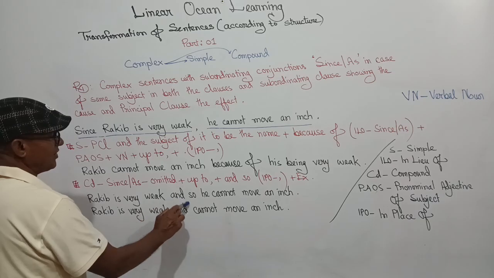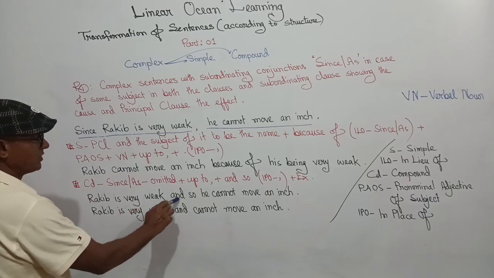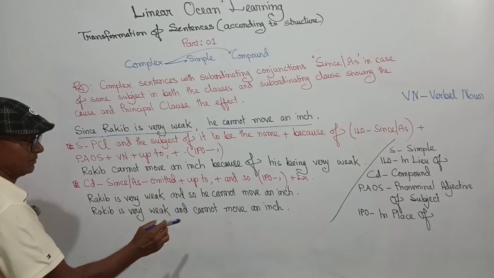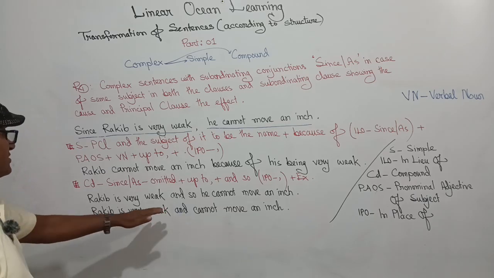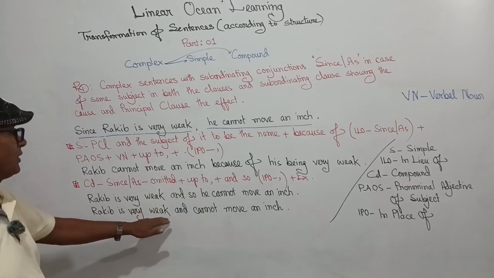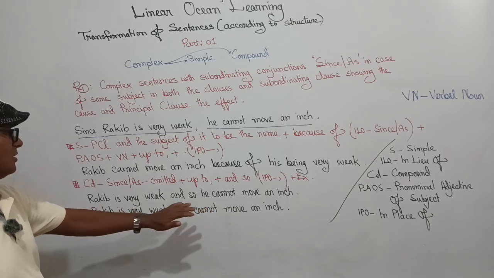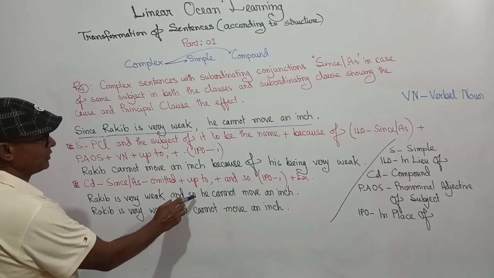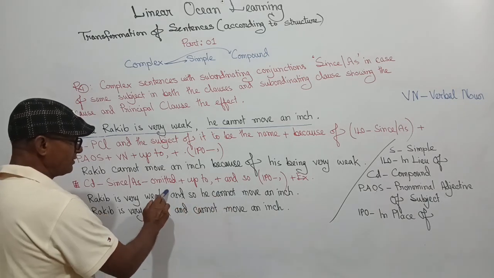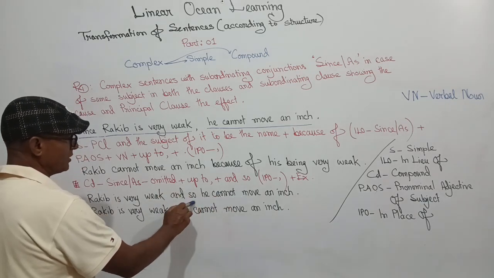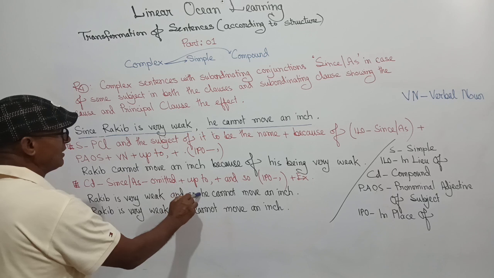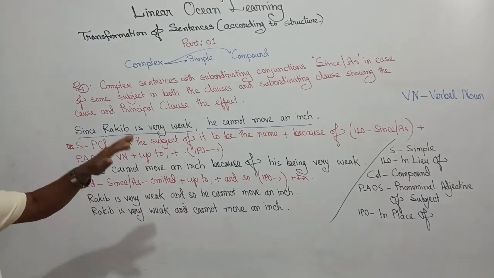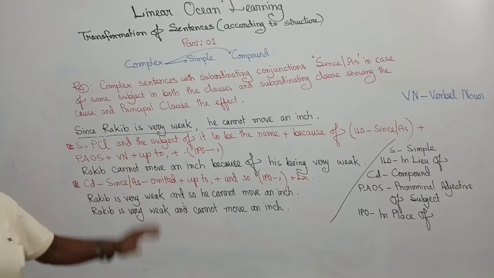That's why after and, the coordinating conjunction, there will be no subject again. So here is a complication: Rakib is very weak and cannot move an inch. So it is better to write: Rakib is very weak and so he cannot move an inch. In this, and so, the coordinating conjunction, is clearly indicating the reason and effect, cause and effect.